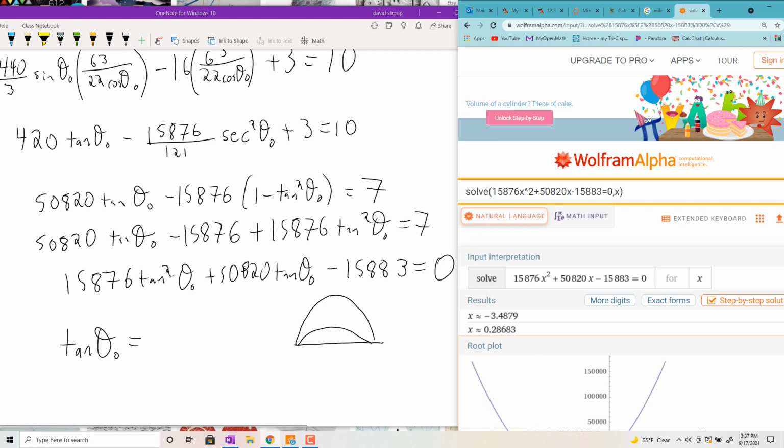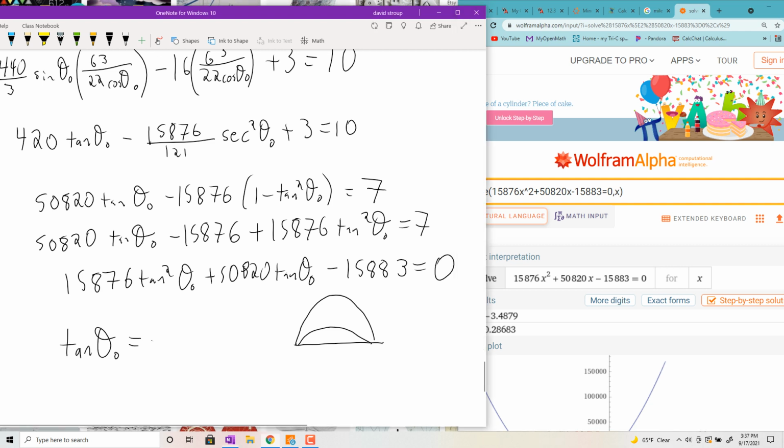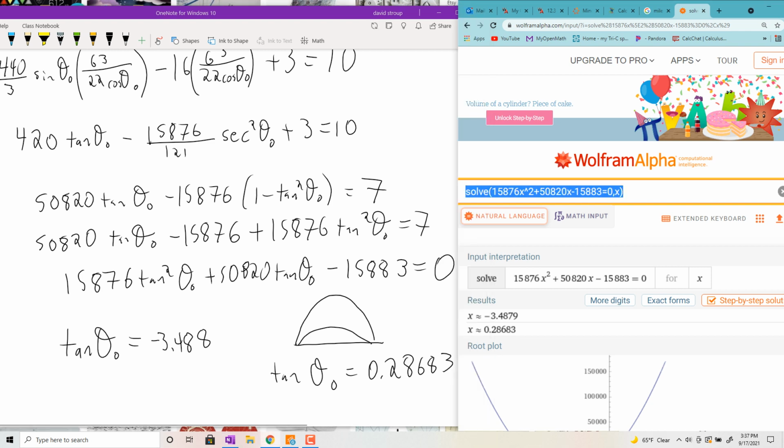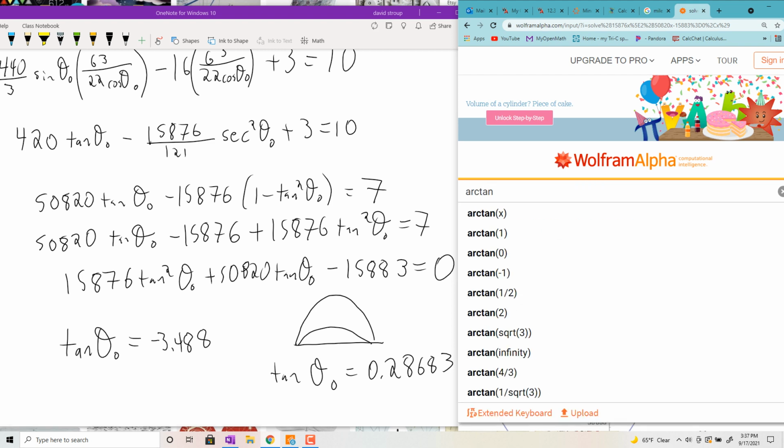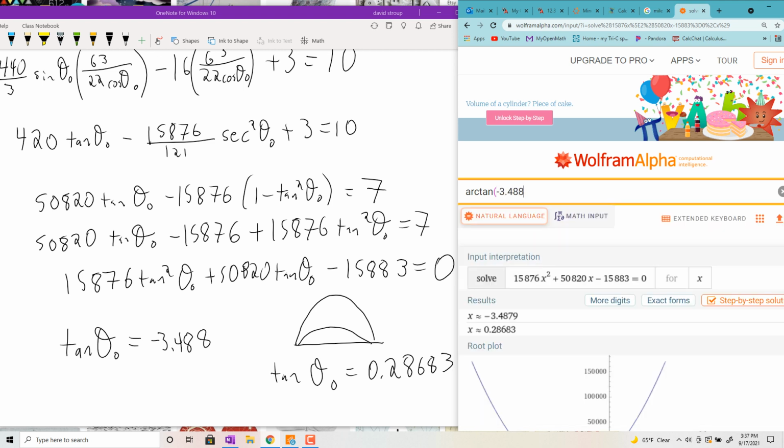I think they want the, okay, so anyways, tan of theta sub 0 will equal negative 3.488, or tan of theta sub 0 will equal 0.28683. You just do tan inverses on those. So arc tan of negative 3.488.